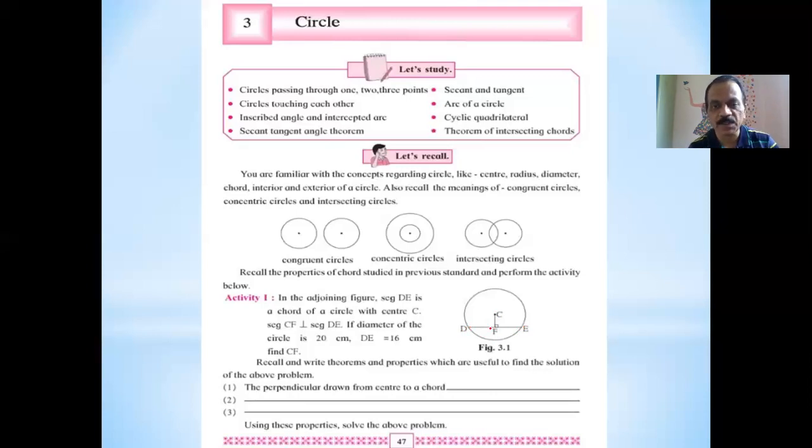When the triangles are congruent, the corresponding segments are also congruent. This is another property of the circle in which we draw a perpendicular from the center of the circle to the chord. Now the last part is to use these properties to solve the above problem.